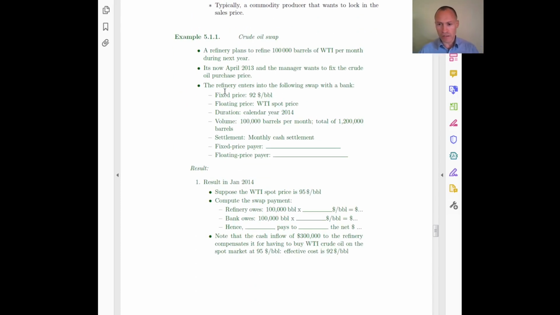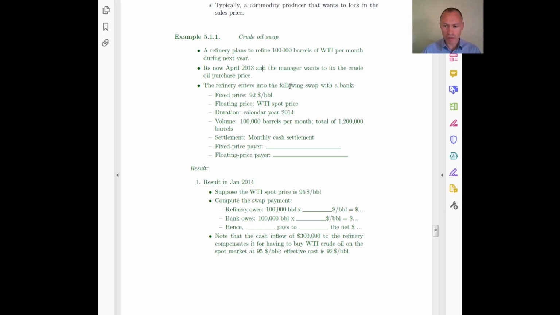Let's look at the typical crude oil swap. Suppose you have a refinery that's going to buy oil in the future, 100,000 barrels per month over 1 year. Let's say this is the current date and we want to fix the price at which we will buy oil in the future. One possible way of doing that is to use swaps.